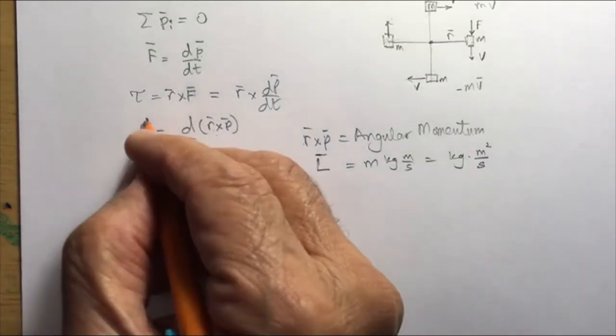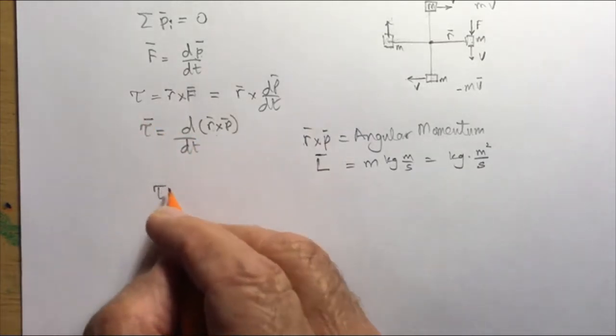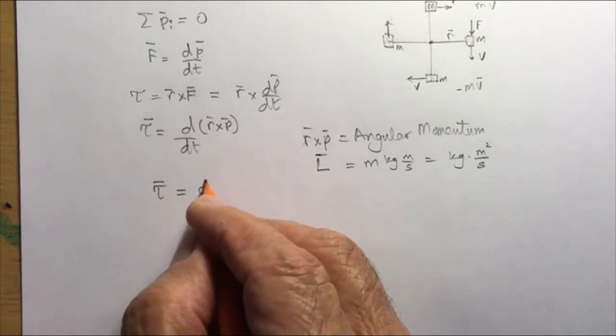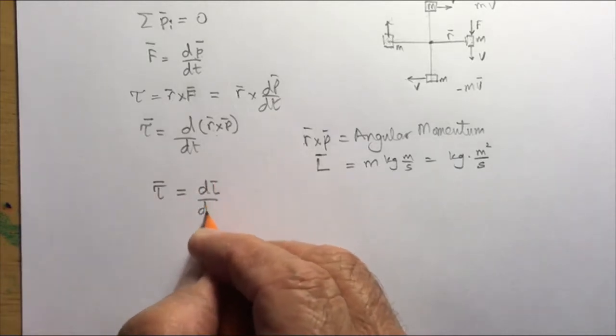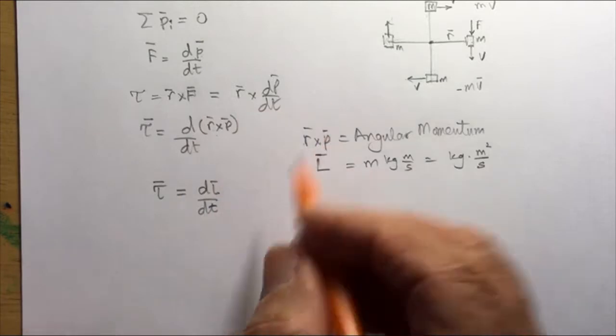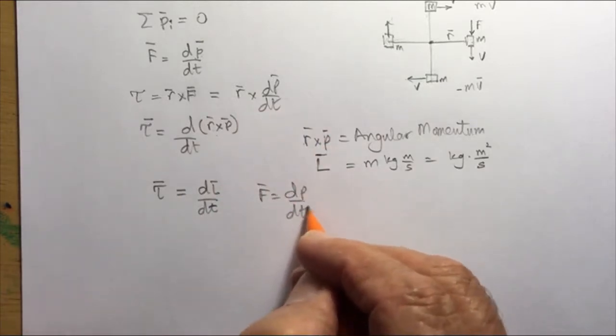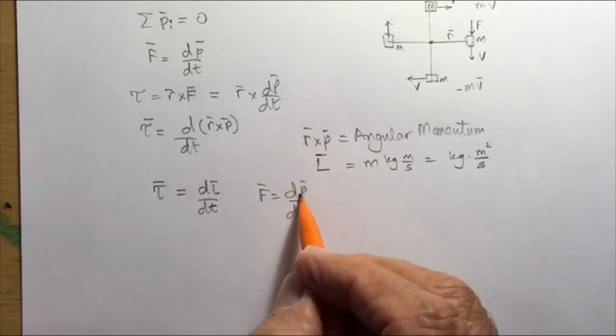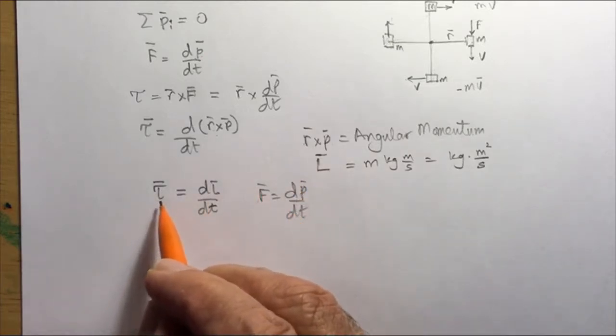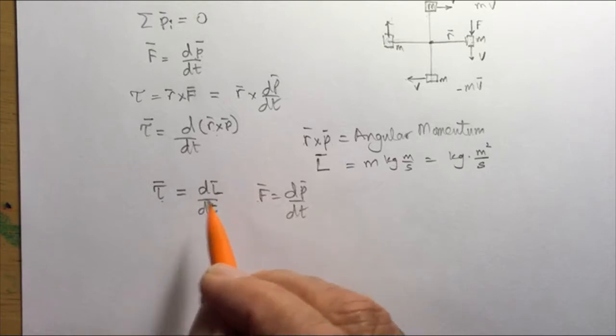So we have torque equals dL over dt. Just as we have F equals dp by dt, where the force is the rate of change of linear momentum, the torque is the rate of change of angular momentum.